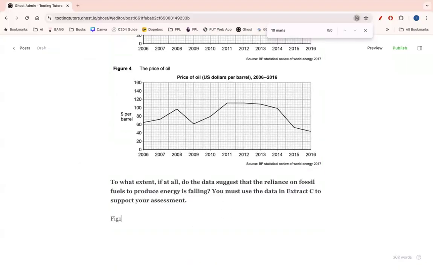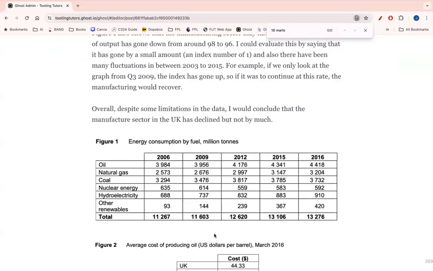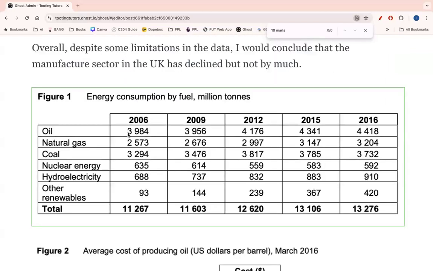I'd say figure 1 shows oil consumption went up from 3984 million tons to 4418 million tons. And that suggests that the fossil fuel consumption has gone up and has not been falling.